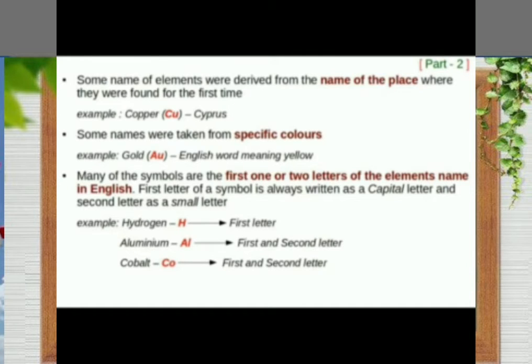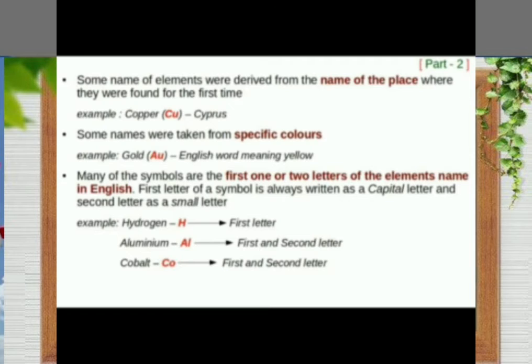And many of the symbols are the first one or two letters of the element's name in English. Here there are so many examples: hydrogen, aluminium, cobalt. For all these elements we give the symbol from the first letter and second letter.